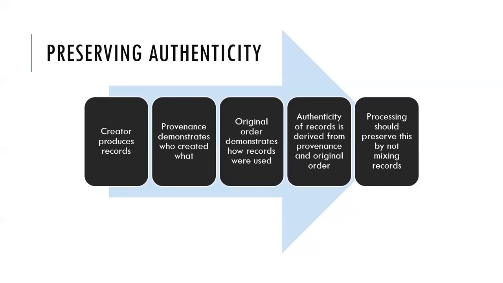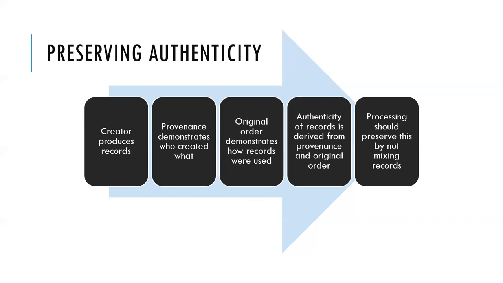One way that archivists can really support the idea of authenticity is by retaining the original order of records, so the original order that the collection came in, and not taking things that came in one box and putting them in another box for whatever reason.